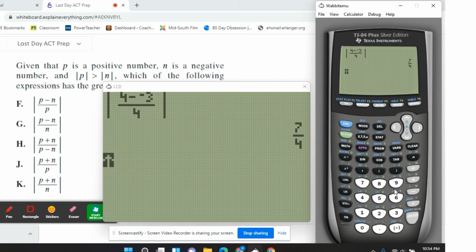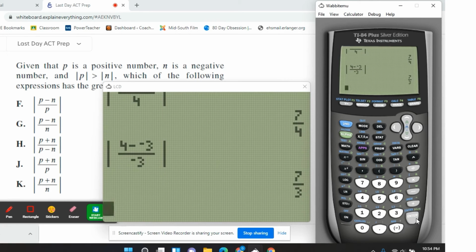I'm going to hit second entry because it's going to pull up the same exact thing, because the only thing different about this one is now we are dividing by n. Well, we said n was negative 3, so negative 3 would be 7/3. Now 7/3 is more than 7/4, so right now we can mark off F.